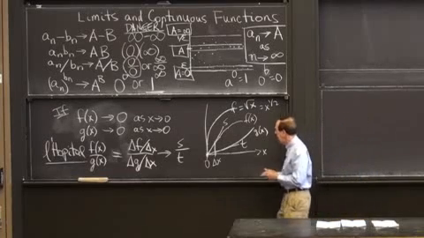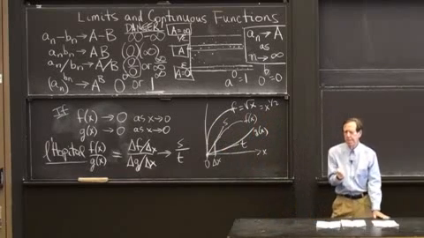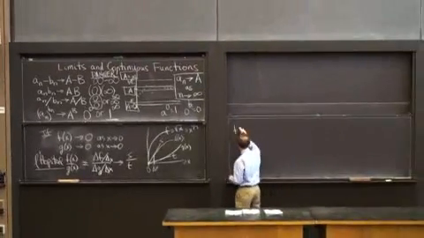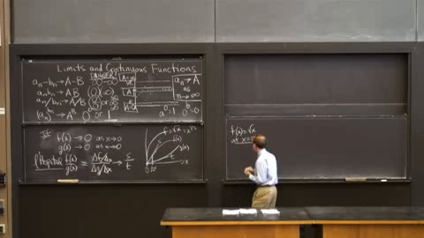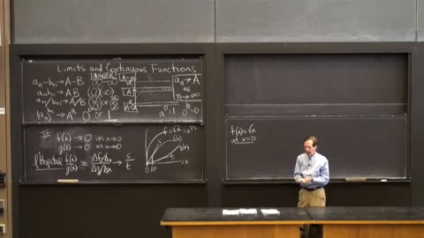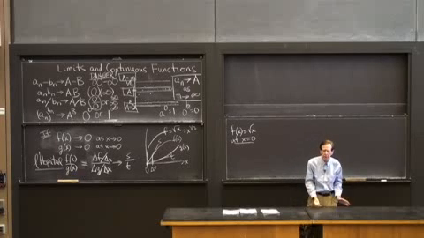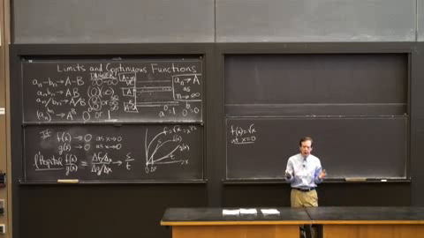What would I say about that square root function? I'll even write that down here. f of x equals square root of x at x equals 0. What would I say about that function? We know its picture. I would say it has infinite slope, or if you prefer, its slope is not defined.